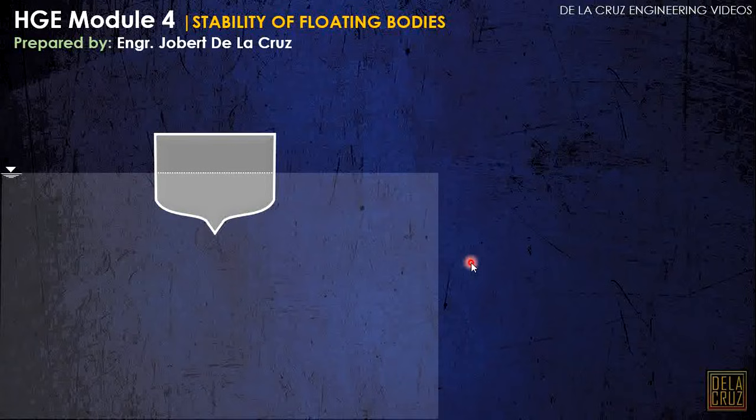I mean, generally yung mga ship, no, magfo-float because of the buoyant force. But here we should also account the tilting, no? As you can imagine, yung ship natin pwedeng mag-tilt because of the wind force and the waves of the water.